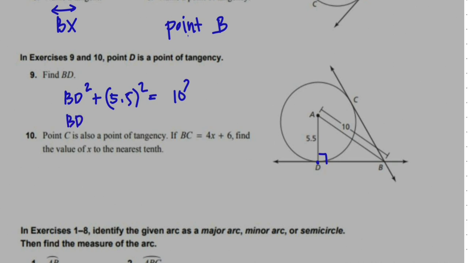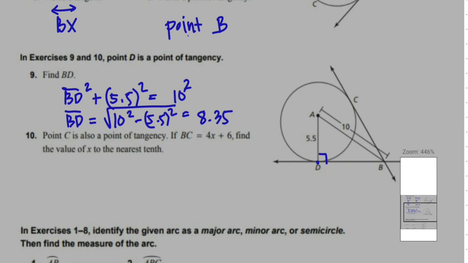So BD is equal to the square root of 10 squared minus 5.5 squared. That is 100 minus 5.5 squared, and we get the square root of that. So BD is 8.35. Okay?